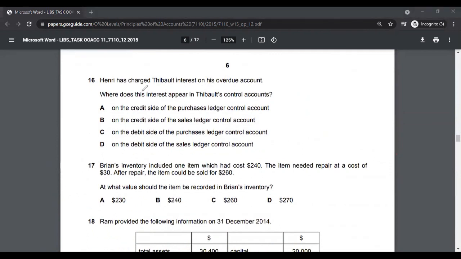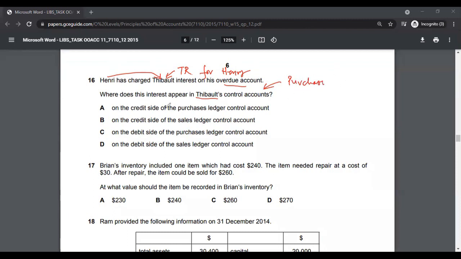Multiple choice 16. Henry has charged Thibault interest on his overdue account. So basically Thibault is a trade receivable for Henry. Where does this appear in Thibault's control account? Thibault has purchased, right?